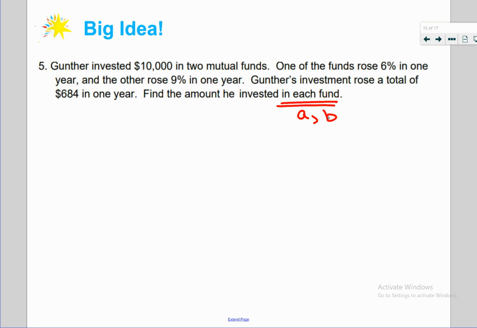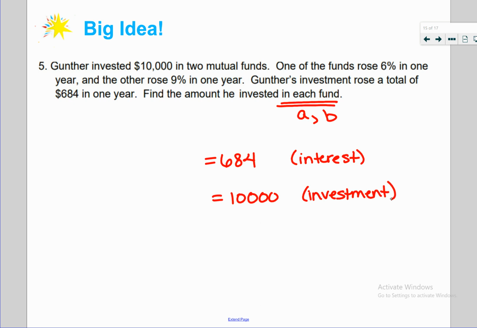Do I have any totals I can work backwards from? Here. What's a total? 684 is how much, pretty much interest we earned. How much my account went up. And then do I have any more totals? The 10,000. This was our investment.